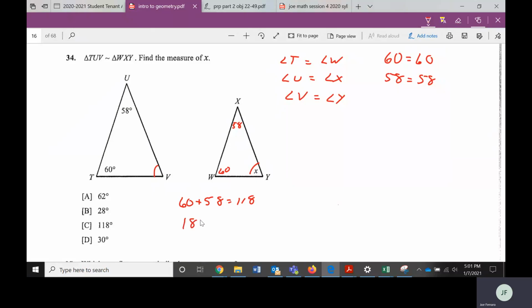And if you take that away from 180, that'll leave you the remaining third angle. And that leaves you 62, so angle V equals angle Y, which is labeled small x. So that's the confusing part of this one, but if you follow along, that's how you find that missing angle.